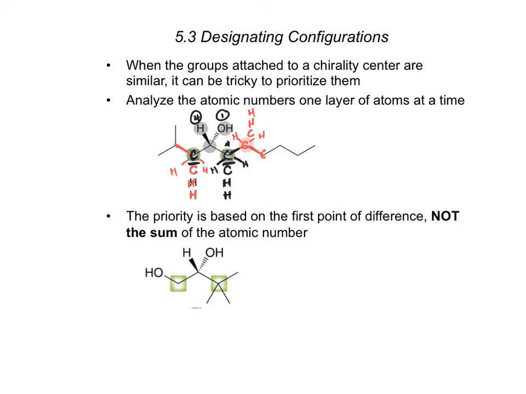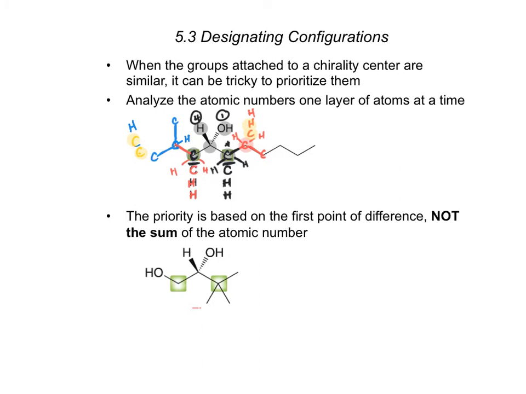What about over here at this guy? So this is my next one out on my left side. Who is this attached to? We have a bond to a carbon, we have a bond to a carbon, and then a hydrogen. So this guy is carbon, carbon, hydrogen. Do we have a point of difference now? Yes. So carbon versus carbon here is the same, but now carbon versus hydrogen, who has the highest atomic mass?